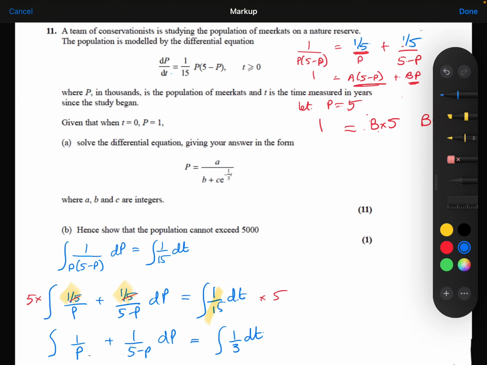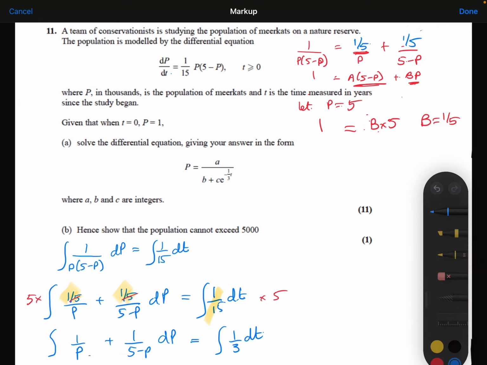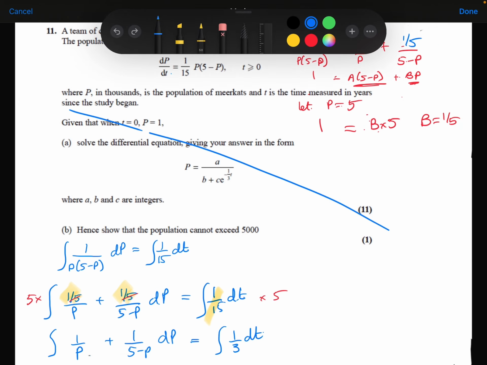Right, now let's do some integrating. The 1 over p will integrate to be ln p. Then we've got the 1 over 5 minus p.